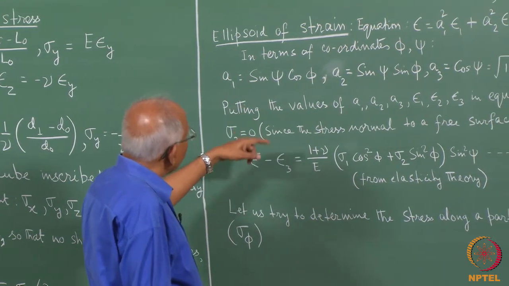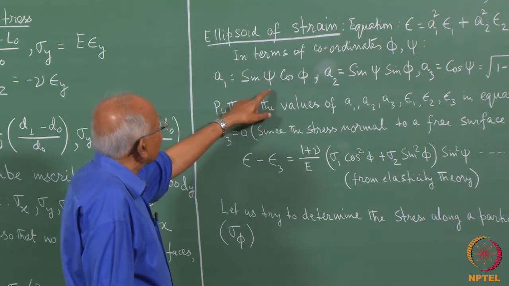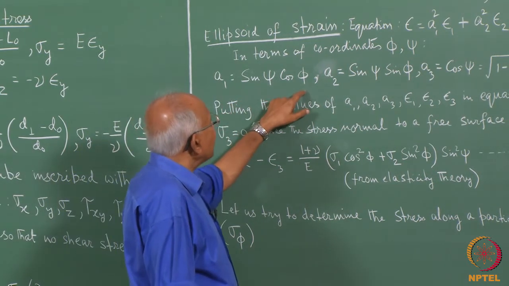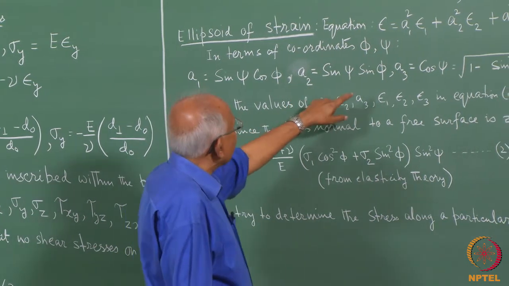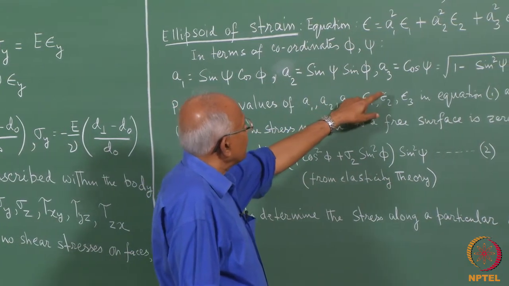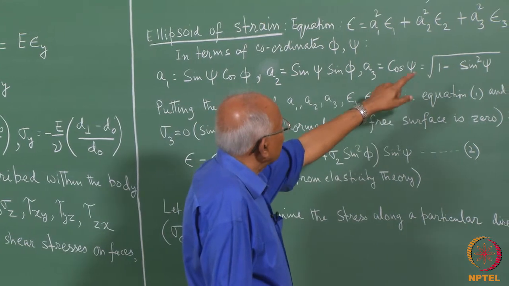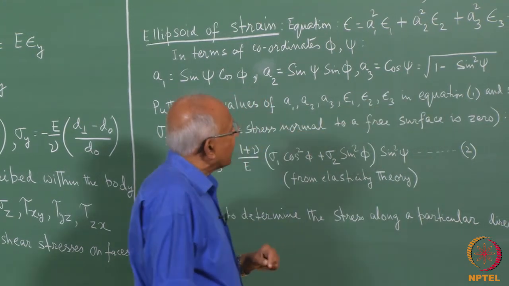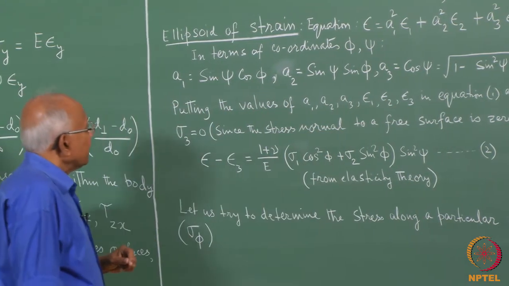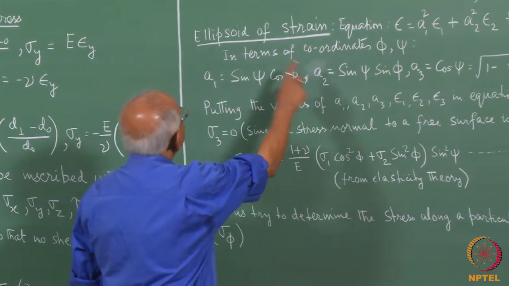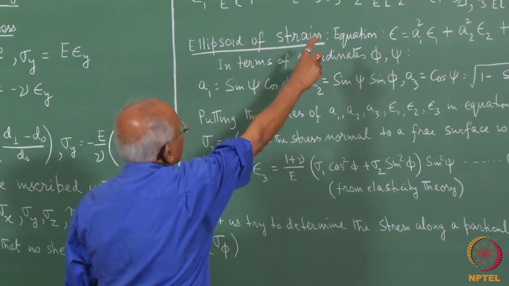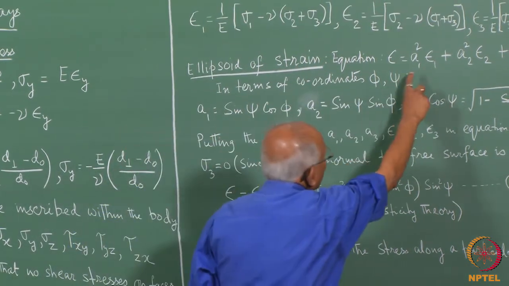For example, A1 can be written as sine psi cosine phi, A2 will be equal to sine psi sine phi, and A3 will be equal to cosine psi, which is root over 1 minus sine square psi.